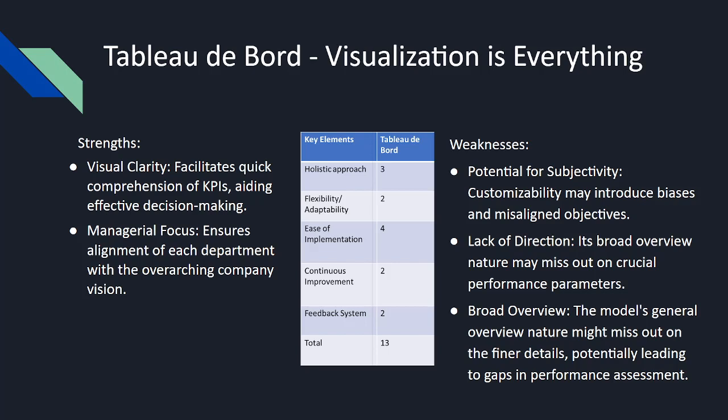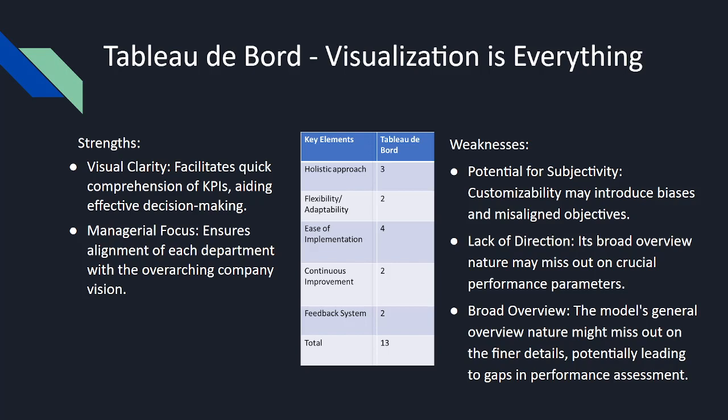And then a couple of its weaknesses are its potential for subjectivity, since it focuses on subunits, that bottom-up approach. It needs to be possibly a little bit more structured, a little more managerial focused first versus department lower-level focus that decide on their own.